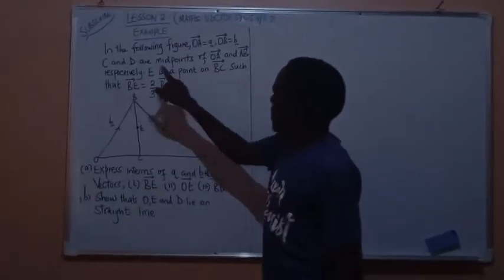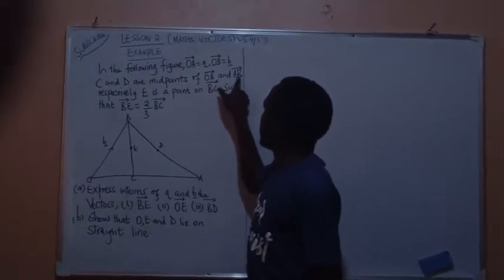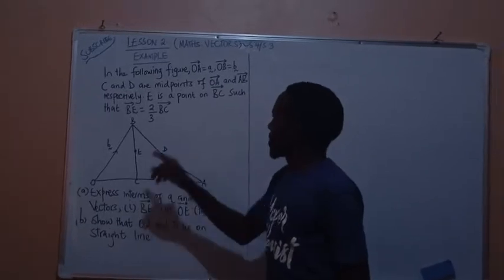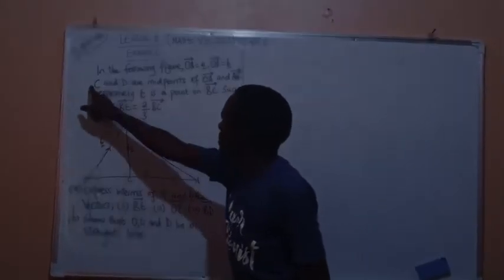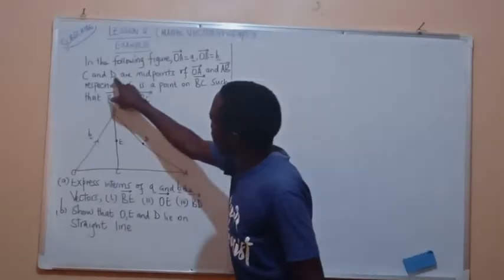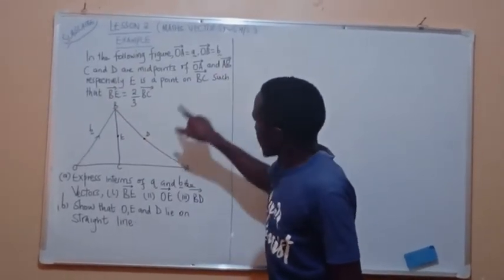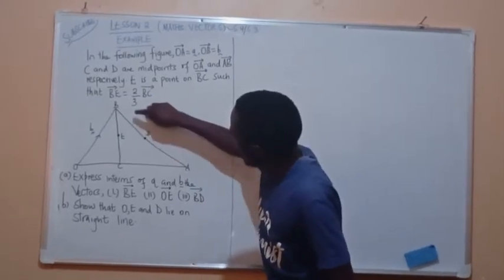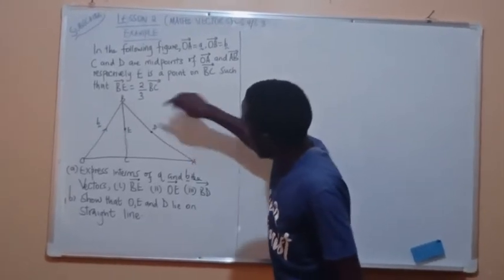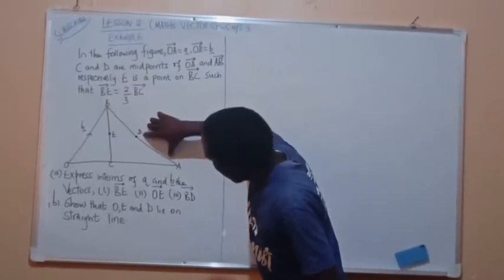So when we say C and D are midpoints of OA and AB respectively, the word respectively implies that C is a midpoint of OA and D is a midpoint of AB. Meaning that D being a midpoint of AB, this is a half and this is a half.